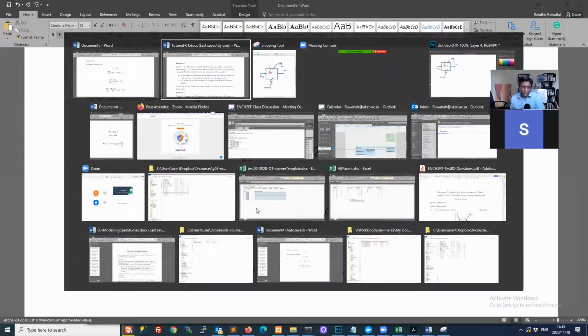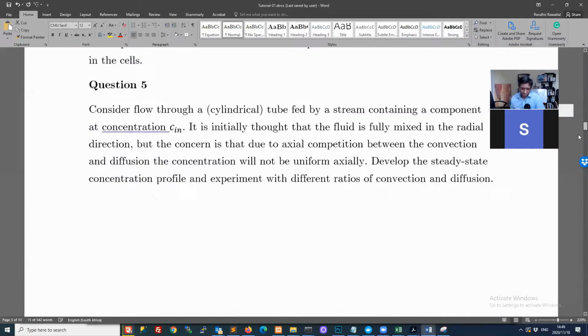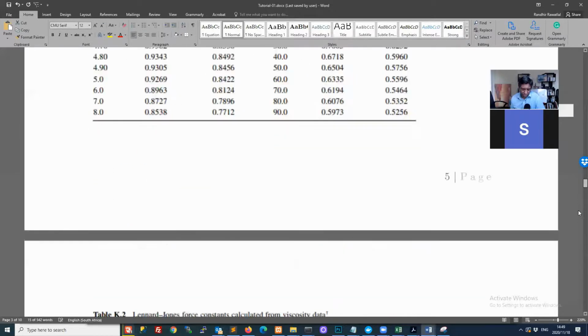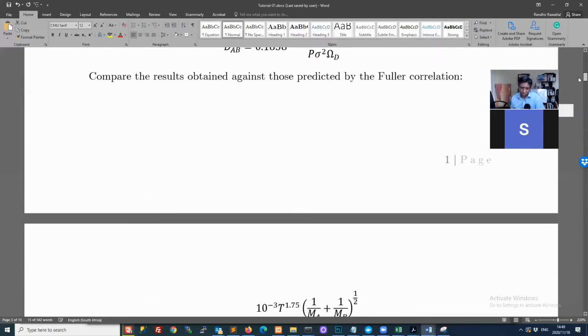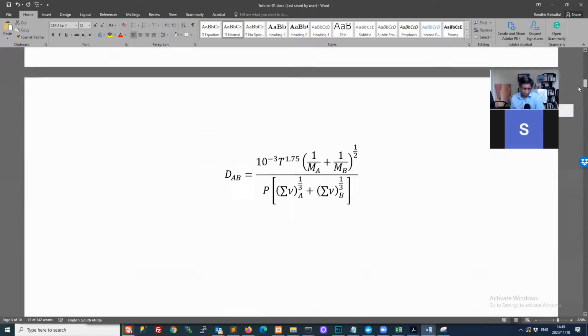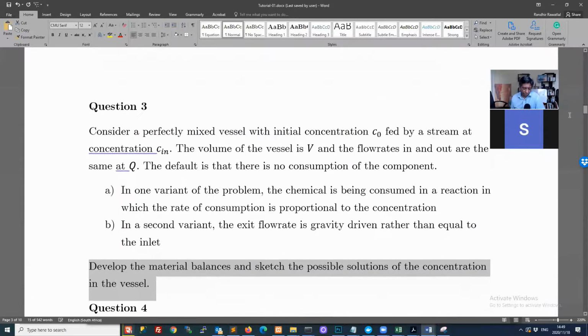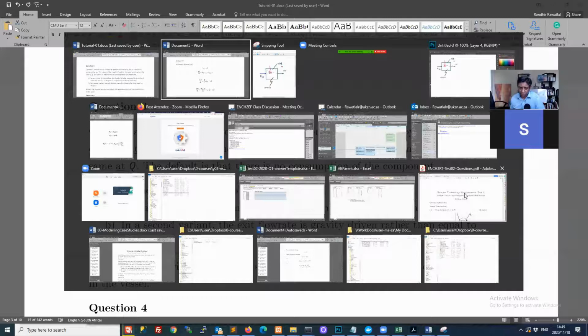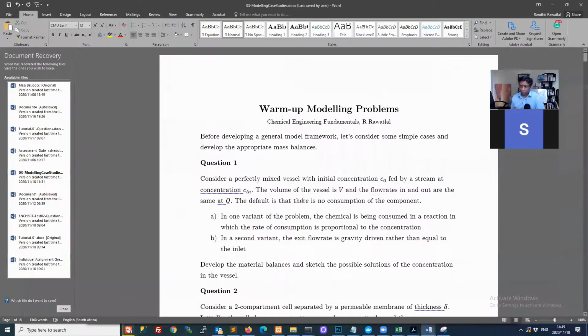And then I did actually simulate this. This is a very simple one, but I simulated it, not here. Where is that? Here. Yes, I started first writing up these problems as so-called warm-up modeling problems.